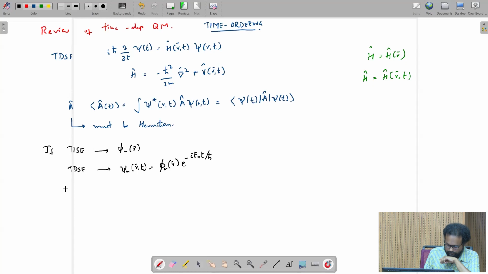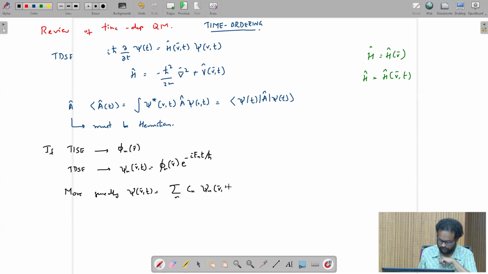More generally, your psi of R, T is a sum over n.